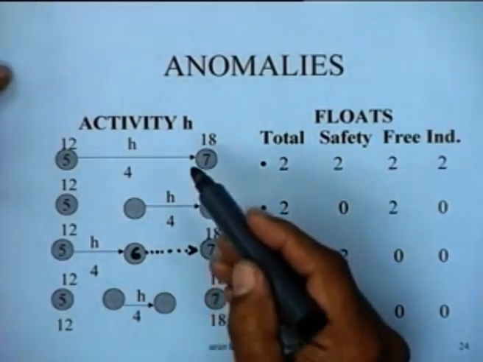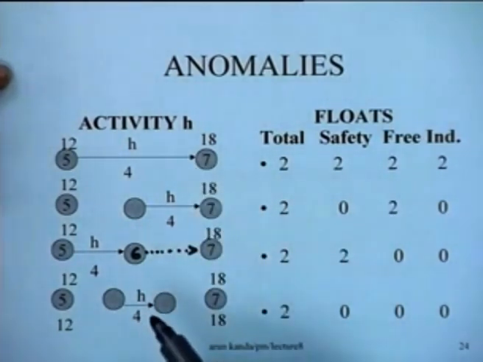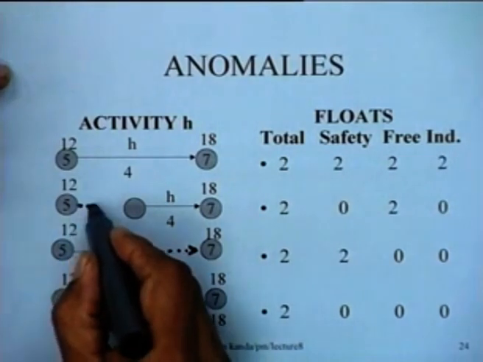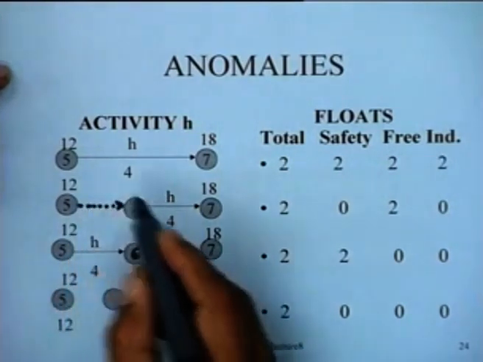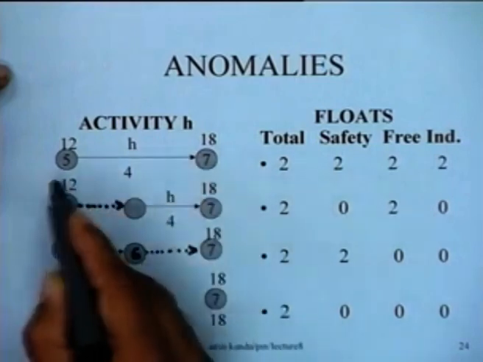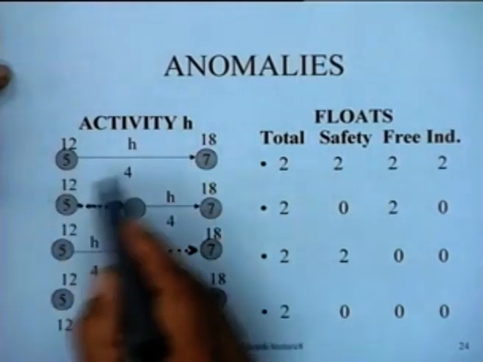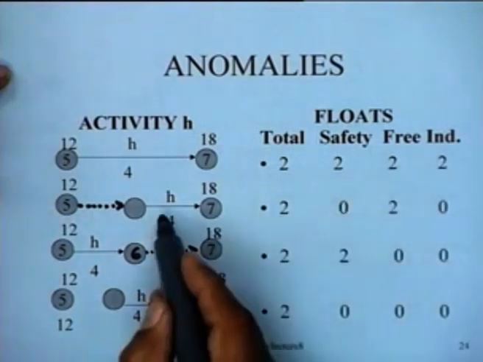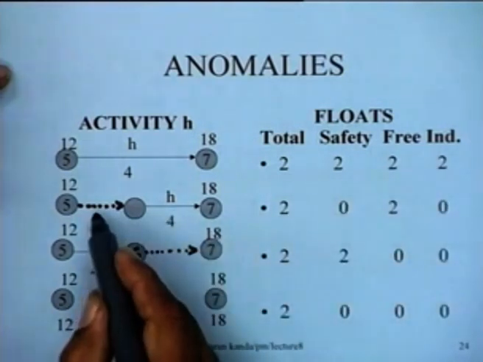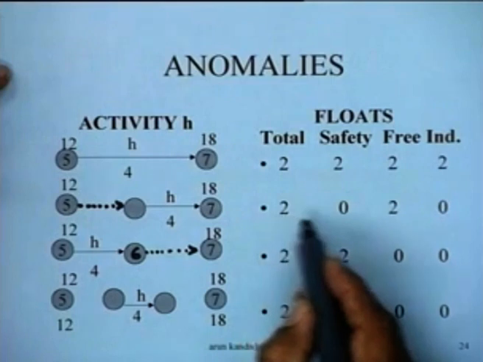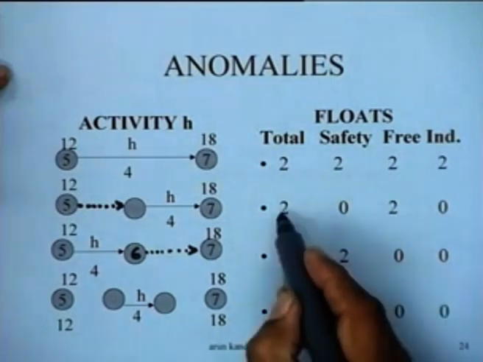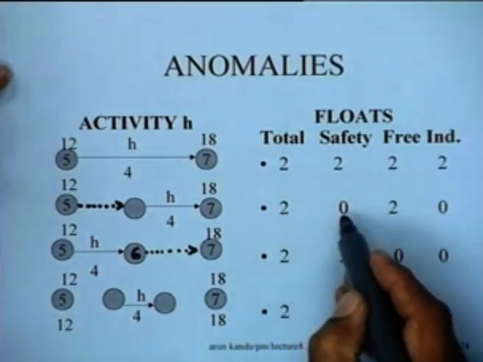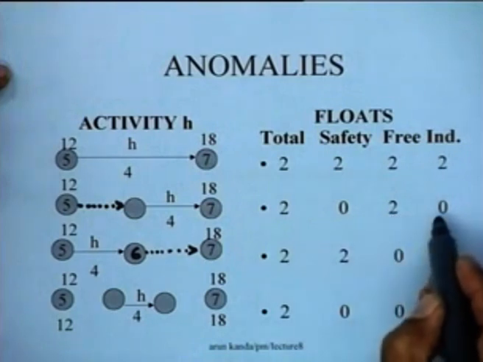Now, what I want to just share with you here is that depending upon the placement of the dummy, if H was a single activity without a dummy, then these would be the node times, all the floats would be equal. If H was preceded by a dummy, you find that the total float is 0, the safety is 0, the total float is 2, the safety is 0, the free is 2 and the independent is 0.